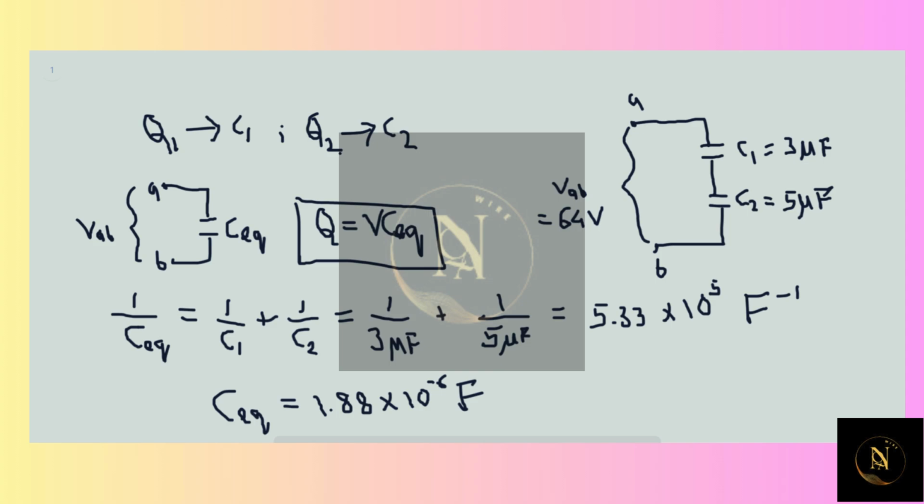So it's 1.88 microfarad. So this is the equivalent capacitance of this combination of two capacitors which are connected in series. Okay, good. So we have found the equivalent capacitance.